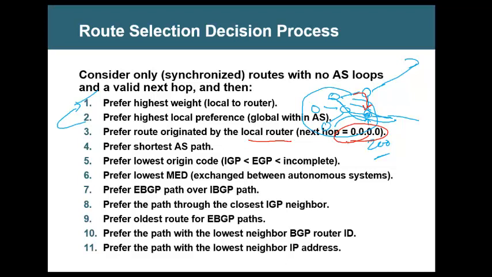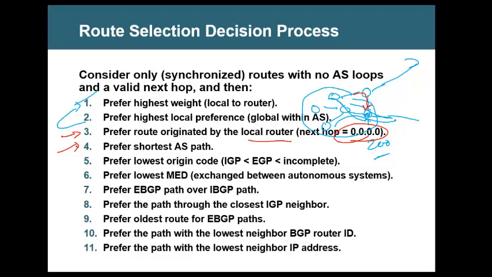Next, if none of the next hops is 0.0.0.0, then there is a tie. It comes to shortest AS path. In a big network, you'll see at least half of the path selection is based on the shortest AS path. You know what shortest AS path is; I think I don't need to explain that.